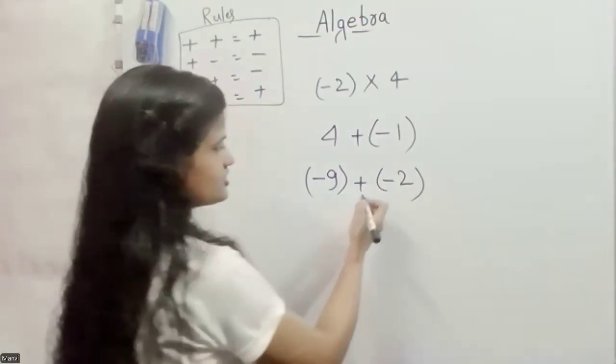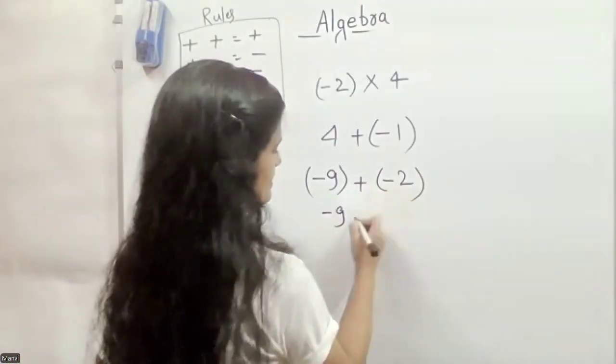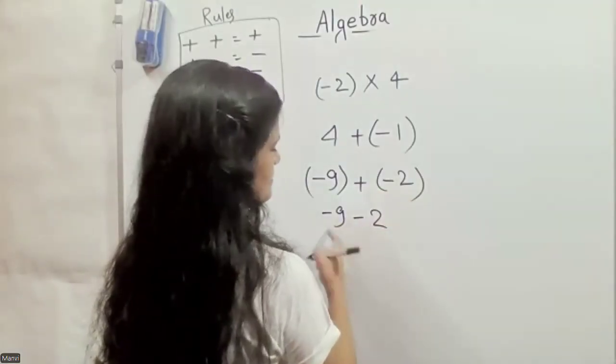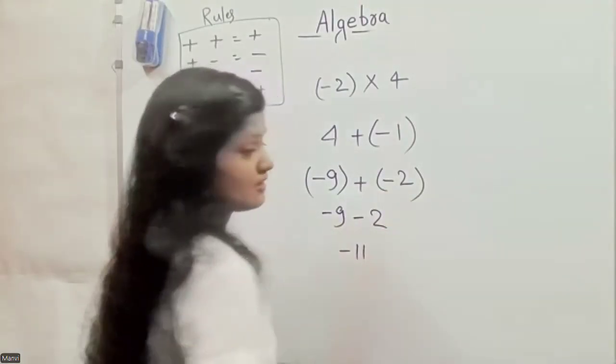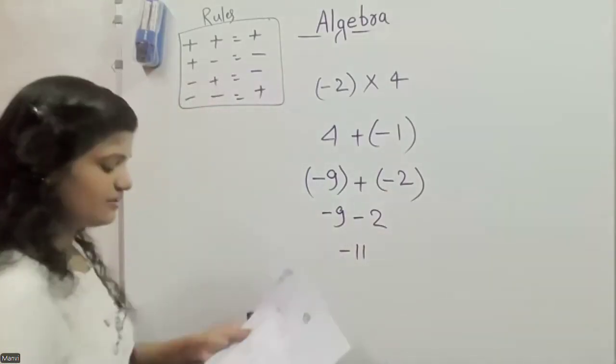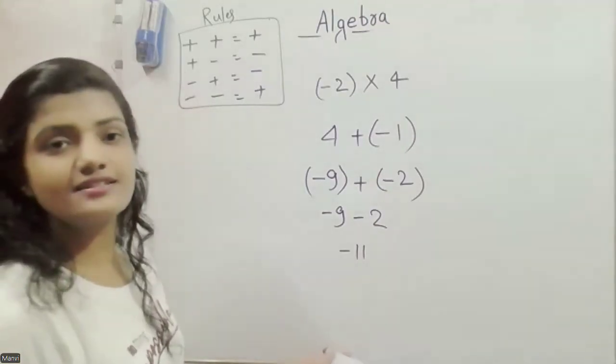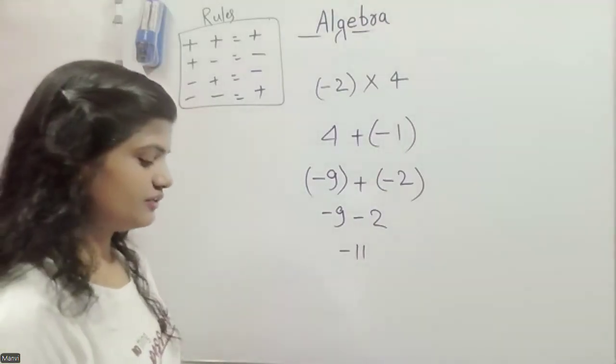For this, first we need to write it this way: plus, then plus minus, which is minus. Both have the same sign, so the answer must be minus 11. Very good, Kavya. I think now you understand how to add and subtract positive and negative values.